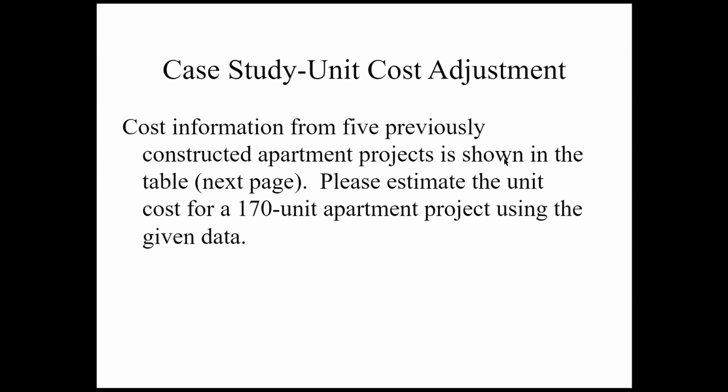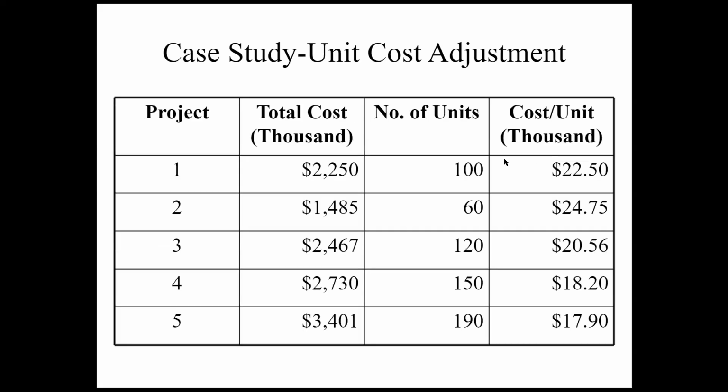You already know how to use the weight unit cost to do it, right? First you determine the cost per unit, which is the unit cost. You have those over here, and then you have a total over here, and you divide it by 5 projects and you get the B.